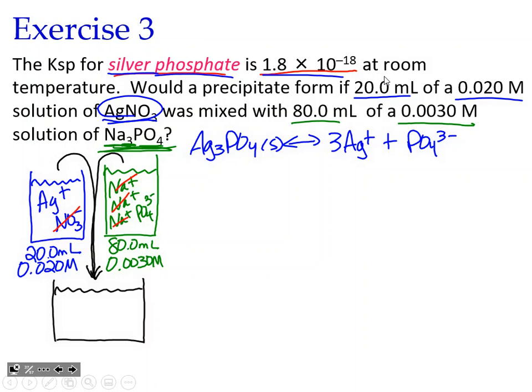But when we take our 20 milliliters of the silver with our 80 milliliters of our phosphate and dump them together now in the same beaker, what happens to our volume? What happens to our lovely volume now?